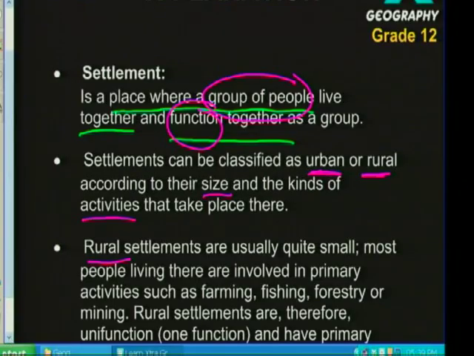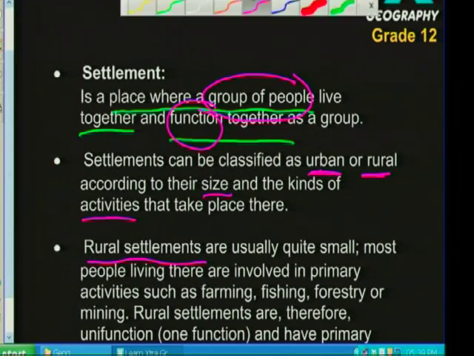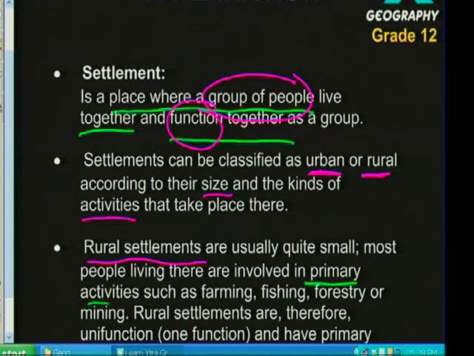In this case, the first term we're going to look at is rural settlements. The keywords to identify, as I read the sentence to you, are as follows. Rural settlements are usually quite small. Most people living there are involved in primary activities. Primary activities is your keyword in understanding this concept, such as farming, fishing, forestry, or mining.